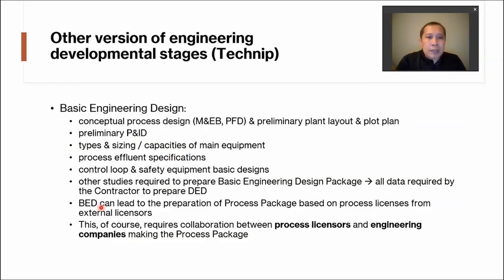So BED, or basic engineering design, can lead to the preparation of a process package based on process licenses from external licensors. So of course, if you want to do this, you will need collaboration between process licensors, who are companies that own the license, and engineering companies that are charged with building the plant. Collaboration between these two sides will result in a process package.